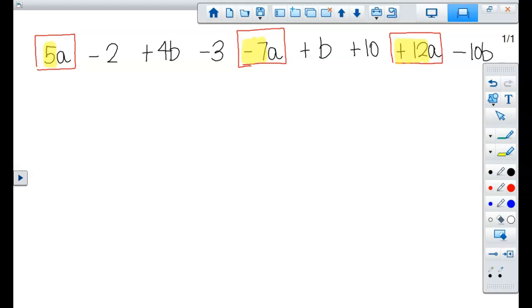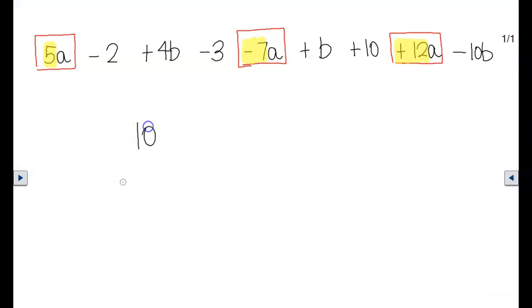So if I do 5 minus 7 plus 12, I'm going to get 10. So I'm going to write that down. And then remember that when we combine like terms, we keep the last name. We keep whatever the last name is the same. So all of those had a last name of a. We're going to keep that last name of a.